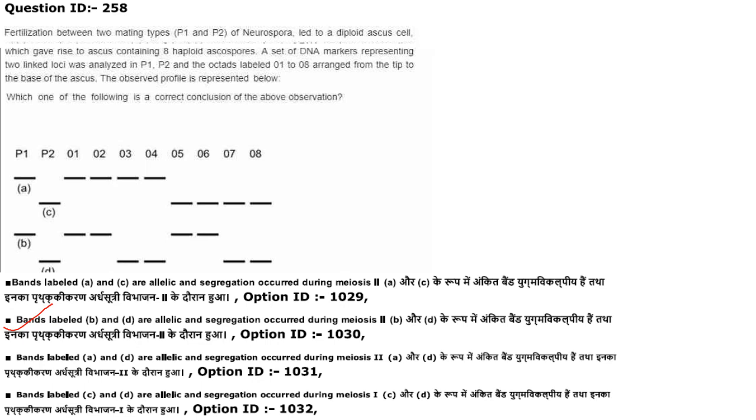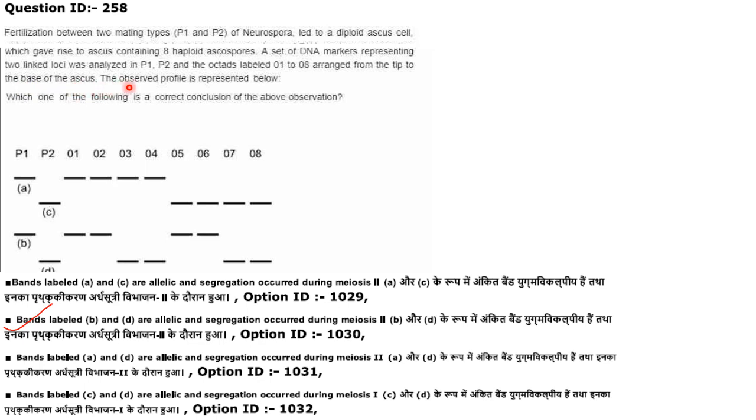Then next one. Fertilization between two mating types P1 and P2 of Neurospora led to a diploid ascus cell, which gave rise to an ascus containing 8 haploid ascospores. A set of DNA markers representing two linked loci was analyzed in P1, P2, and the octets labeled 1 to 8, arranged from the tip to the base of the ascus.